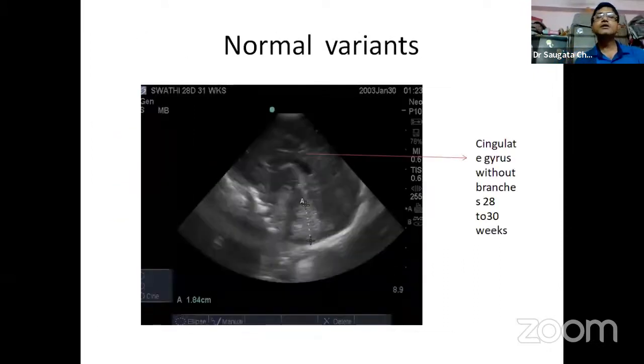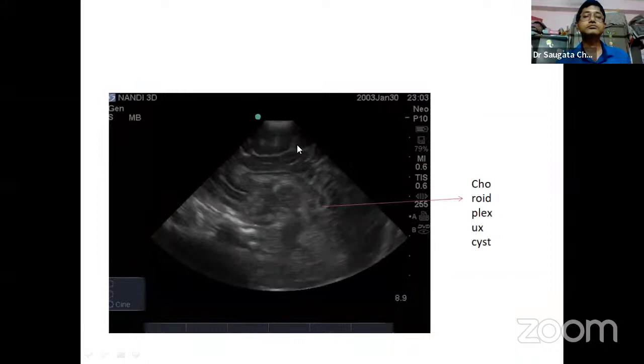There are some normal variants, like a cingulate gyrus without branches. After 30 weeks, these branches appear. So if you don't get the Sylvian gyrus, that means the baby is less than 30 weeks.